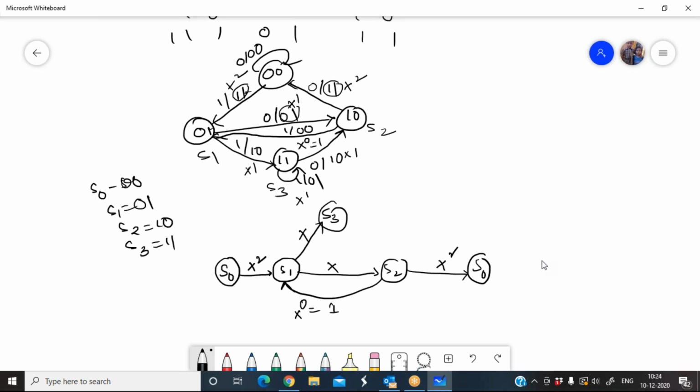Next coming to S3. S3 to S2 with path gain is x. Arrow marks are very, very important because here we want to take the forward paths and loops. That's why arrow mark is very, very important. Another one is S3 to S3 only, with path gain X. So finally, this is the modified state diagram for the 2, 1, 2 convolutional encoder.